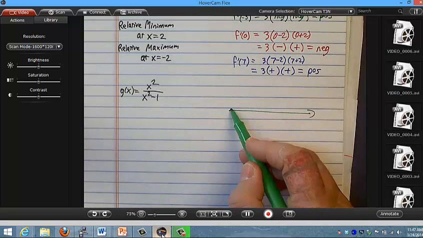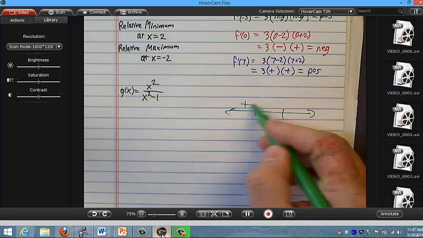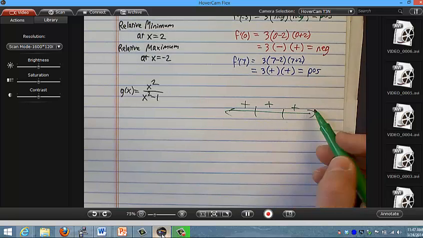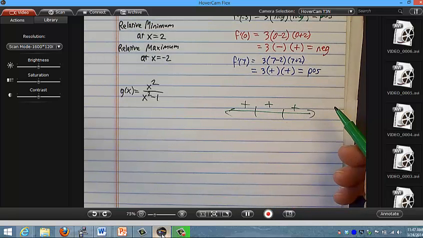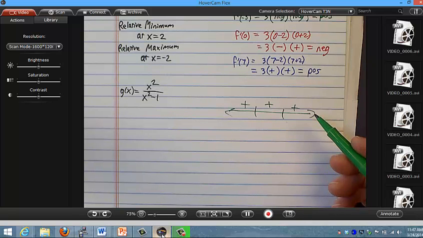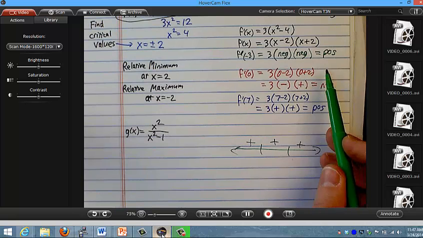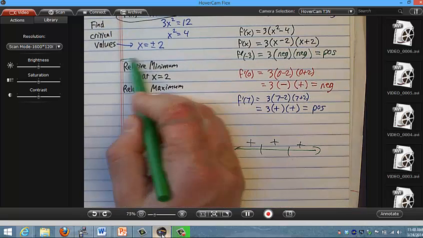Maybe you'll have some intervals. What if they were positive, positive, positive, or something like that? Well, then it's always doing what? Increasing. So you're not going to get a relative maximum or minimum in that situation. That can happen. Okay? But this kind of situation is one that gives you an example of each.